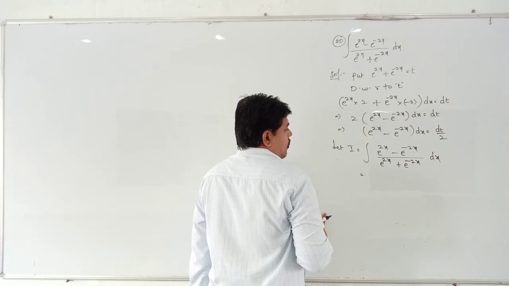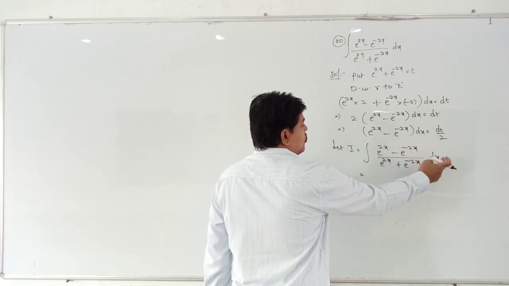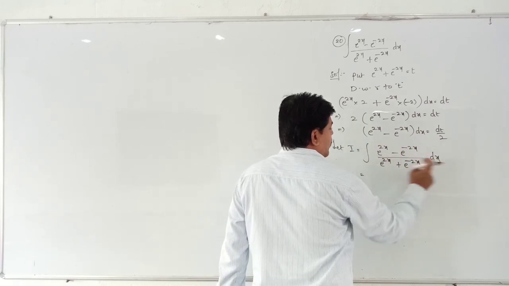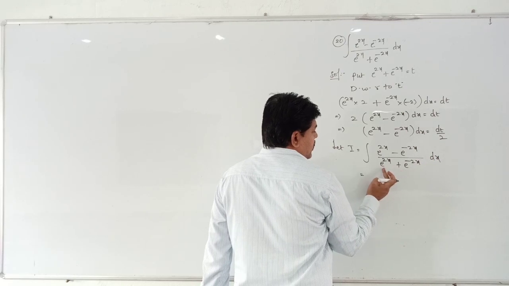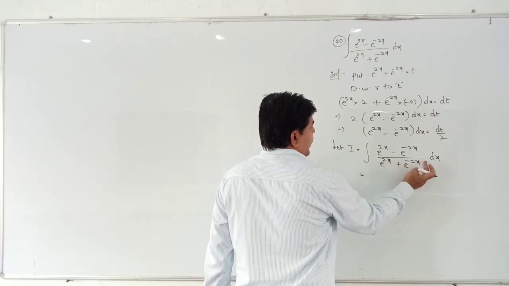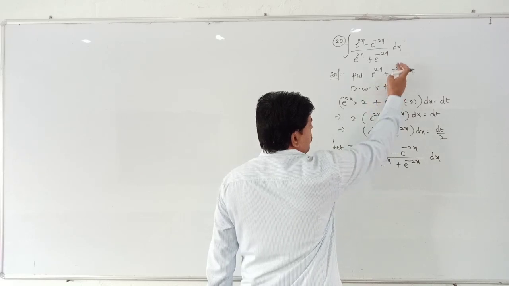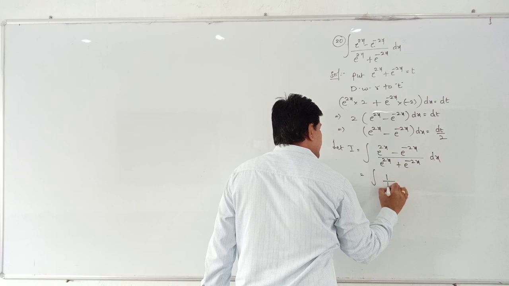The total numerator, e power 2x minus e power minus 2x into dx, will become dt by 2. What is remaining is 1 by (e power 2x plus e power minus 2x), and that value is t. So it will become 1 by t.